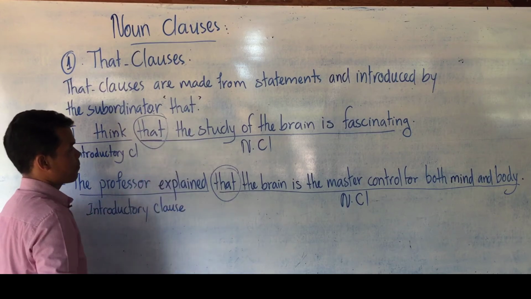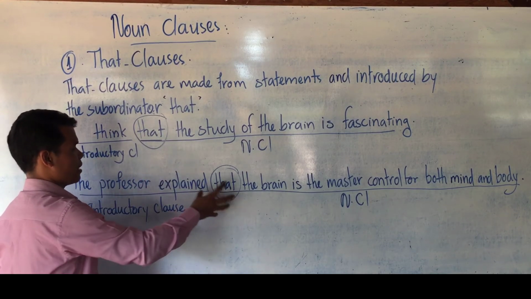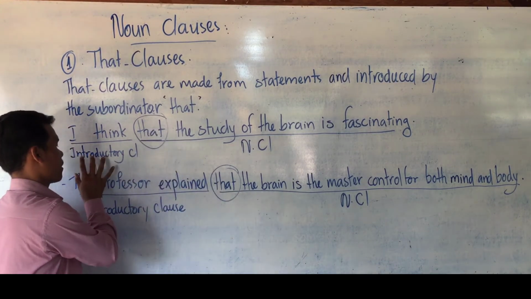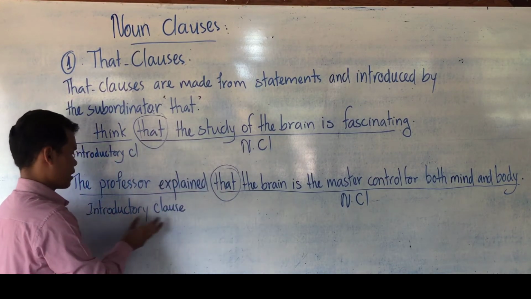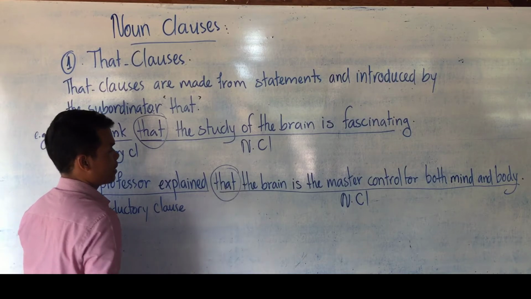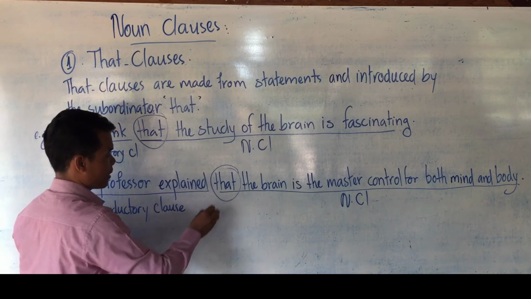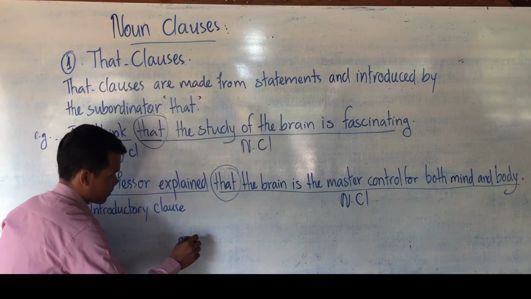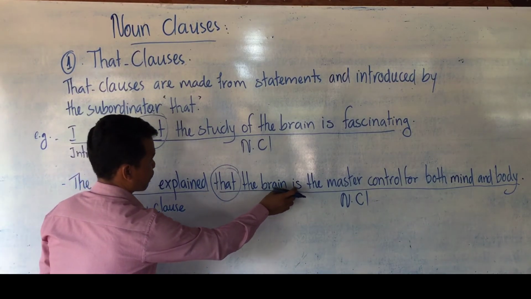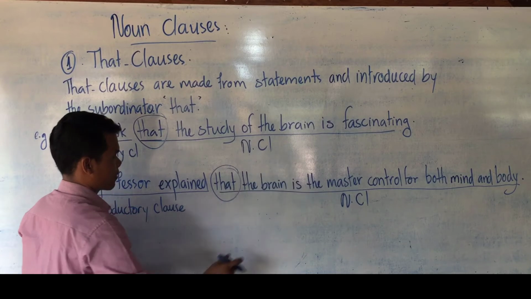According to the other example, in this position, it means that we start from the introductory clause, then the that clause, like this. We can write the form of the that clause: that, after that is subject and verb, complement or something like that.